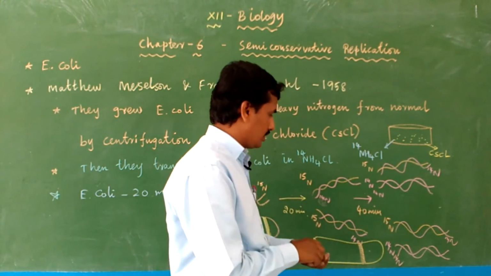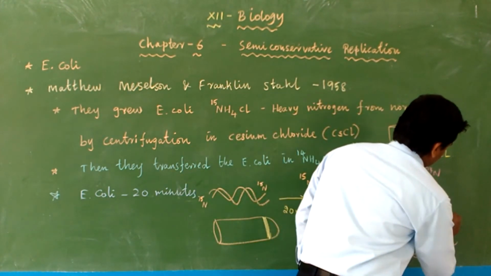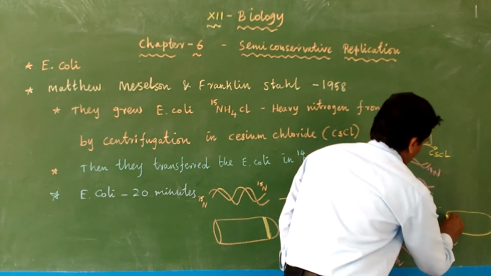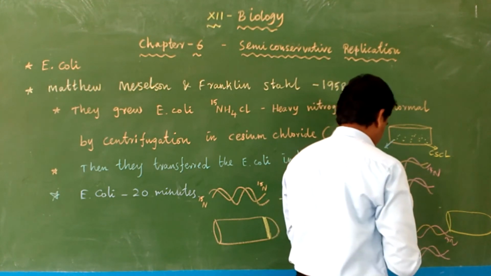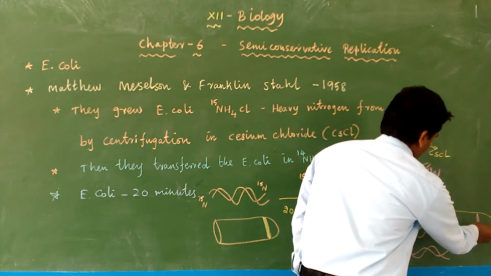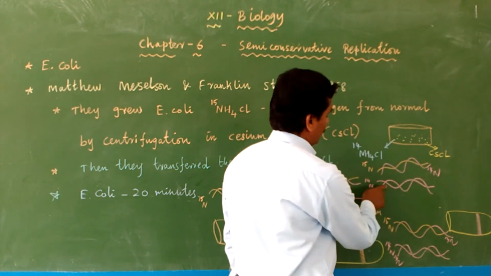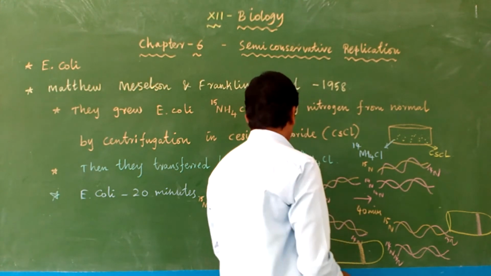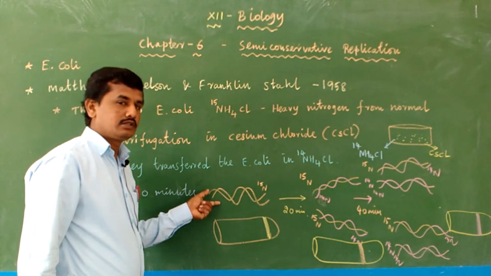Okay, then in the centrifugal machine we add the same bacterium with the use of cesium chloride. The shading represents 14 15, and 14 14 is less dense as compared to 14 15. The first one, 15 15 nitrogen bases, is present in both helices.